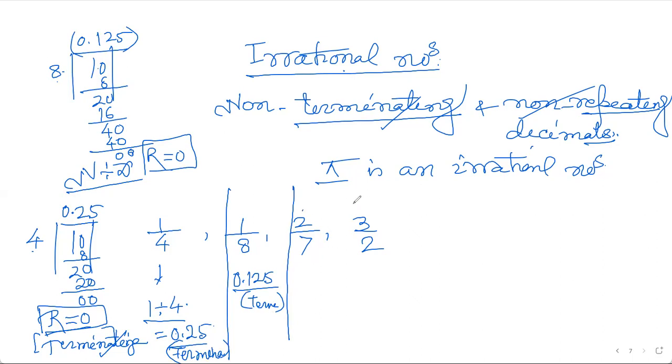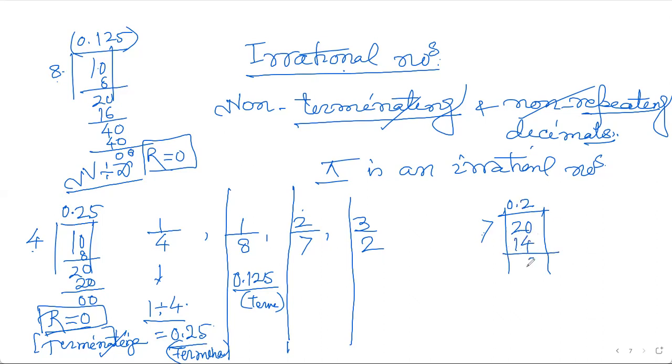If I go to 2 by 7, what do I observe? Divide 2 by 7 here. 2 is again smaller than 7, so it will not go. Put a 0 here. Adjust the decimal, adjust 0 here. 7 threes are 21, more than 20. So 7 twos are 14.